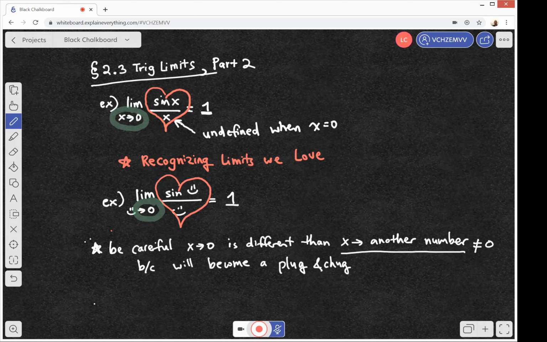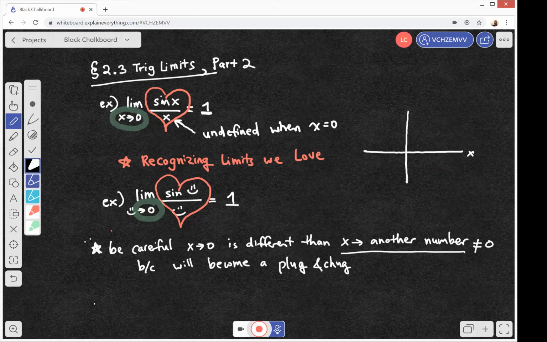Okay, and for a little picture for you guys, so you remember this, we could draw it on the side right here. You have your y-axis, you have this in your notes, your x-axis, and the graph, the sine graph, let's call this f of x equals sine x over x.